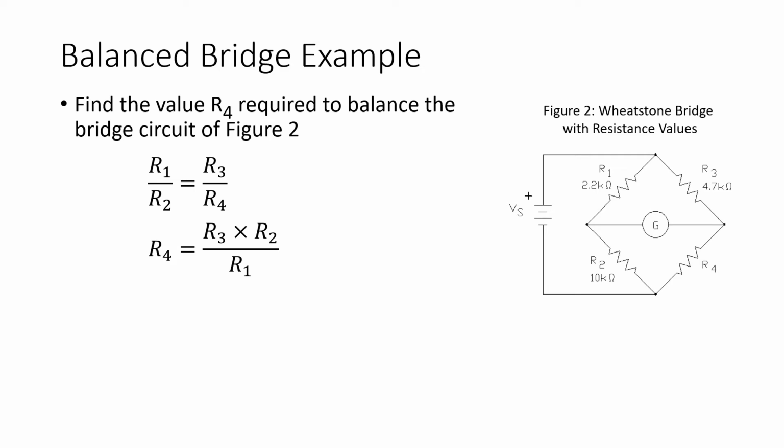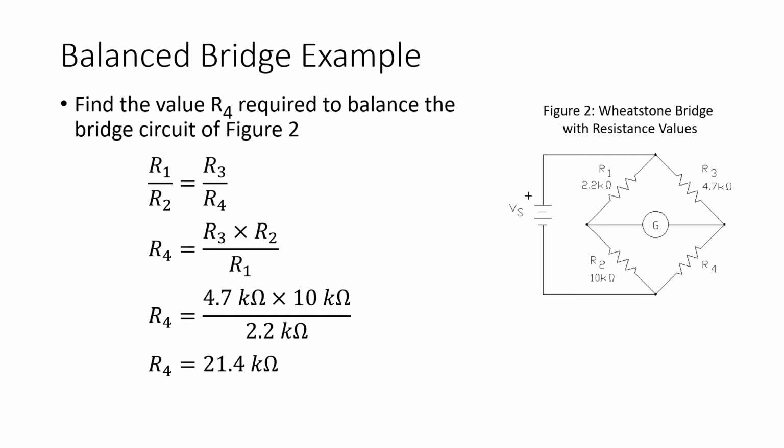Rearrange the equation to solve for R4. Substitute the known values for R3, R2, and R1 and solve. So in the circuit of Figure 2, if R4 has a value of 21.4 k ohms, the bridge will be balanced.